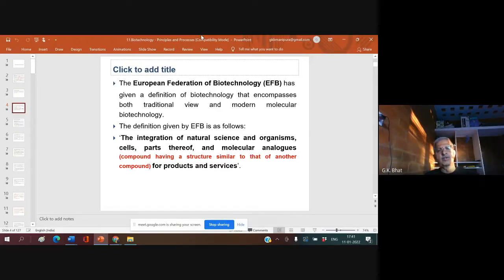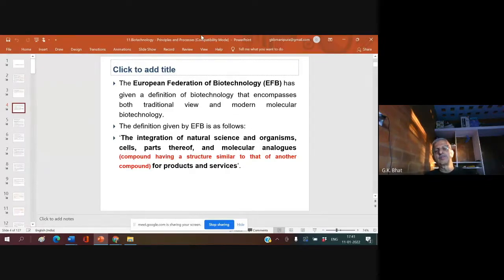The definition given by the European Federation of Biotechnology is as follows: the integration of natural science and organisms, cells, parts thereof, and molecular analogs for products and services. This is the definition given by EFB. The integration, we are combining all this, the integration of natural science and organisms.